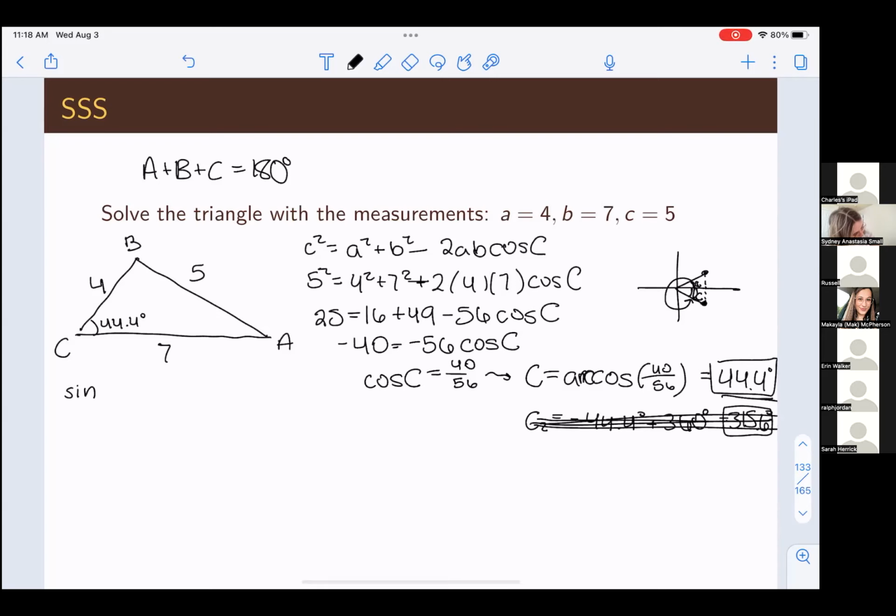So I know that the sine of 44.4 degrees over the opposite side, 5. Again, it doesn't really matter what angle I solve for here. I'm just going to solve for angle A because why not? So this is equal to the sine of our unknown angle A over 4. Cool.